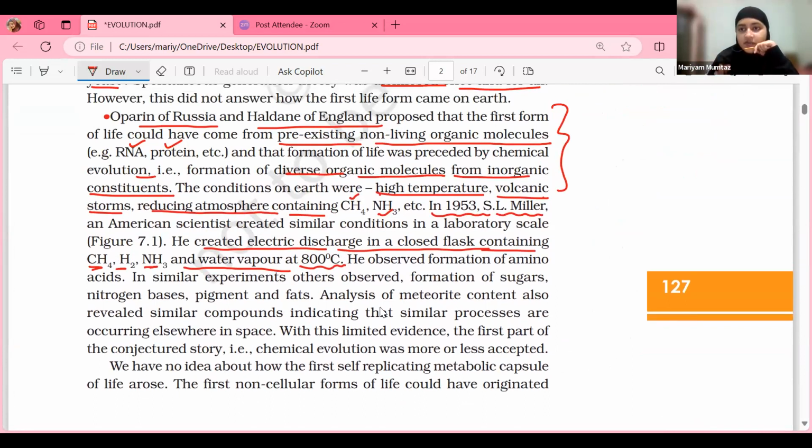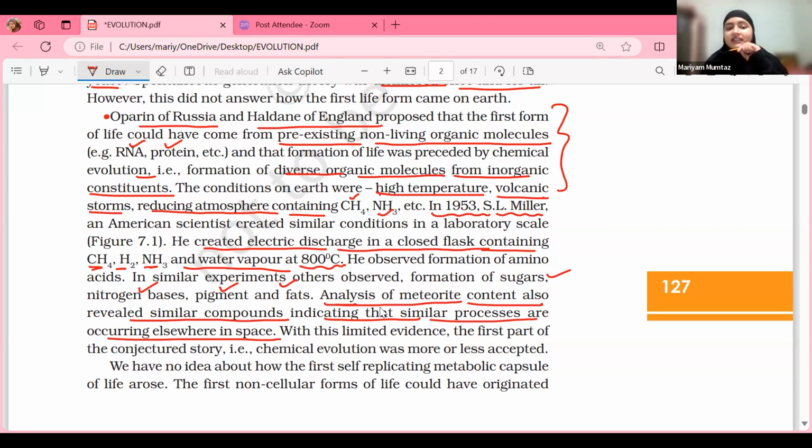When all of these things were provided in the flask, which was supplied with the electric discharge, ultimately amino acids were formed. In similar experiments, others also observed the formation of sugars, nitrogen bases, pigments, and fats. An analysis of meteorite content also reveals similar compounds, indicating that similar processes are occurring elsewhere in space also.